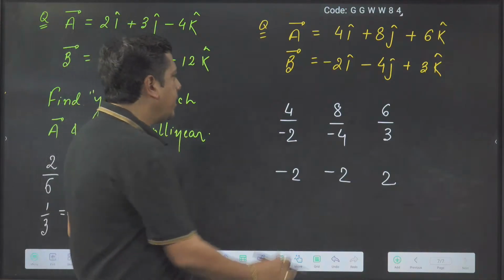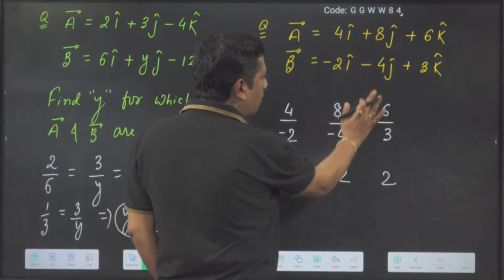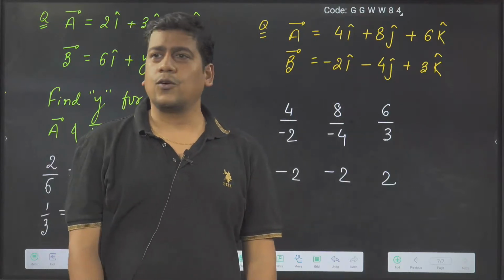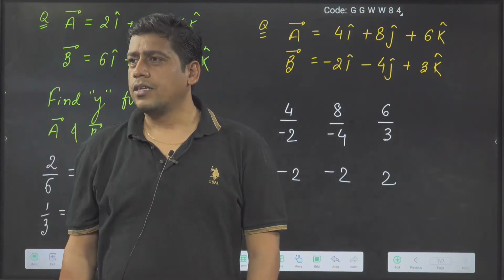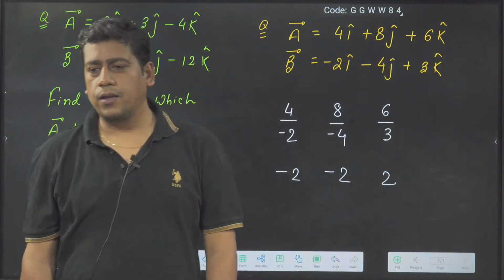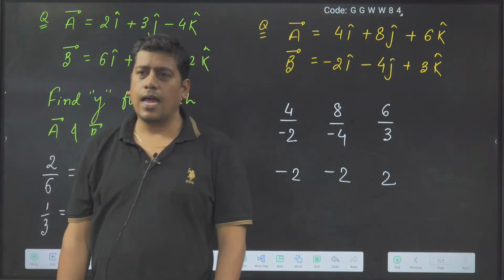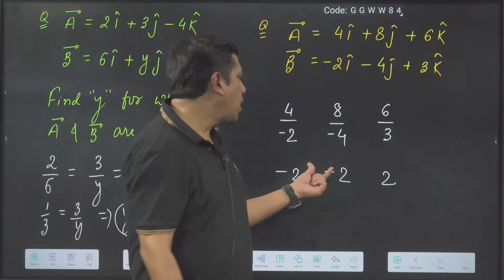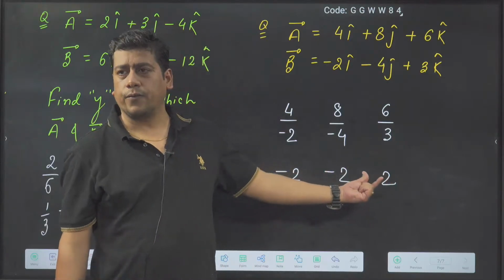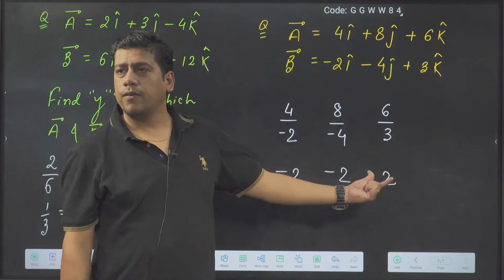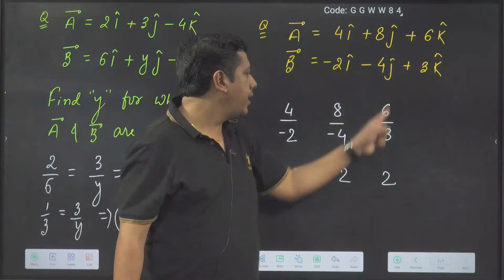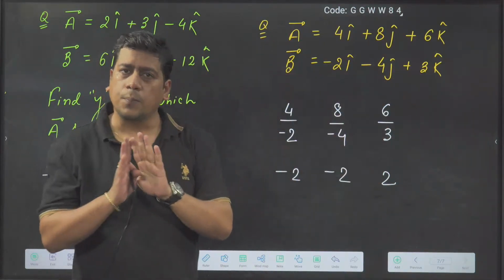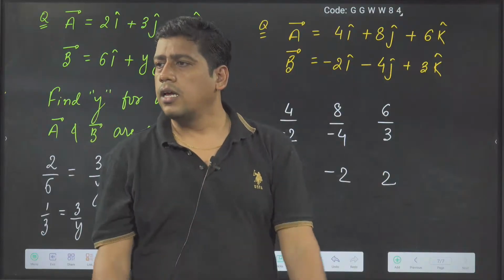These two ratios are equal, but the last one is not equal. So the question is wrong, sir. It's neither parallel nor anti-parallel. For anti-parallel, all three ratios should be negative and same. But suddenly you can see here it is positive. So a vector and b vector are not parallel, and also not anti-parallel.